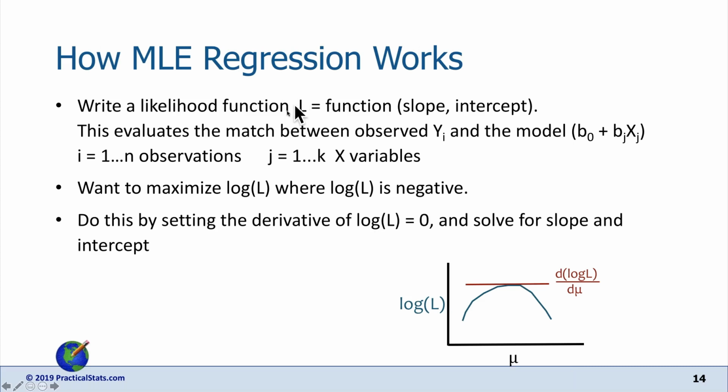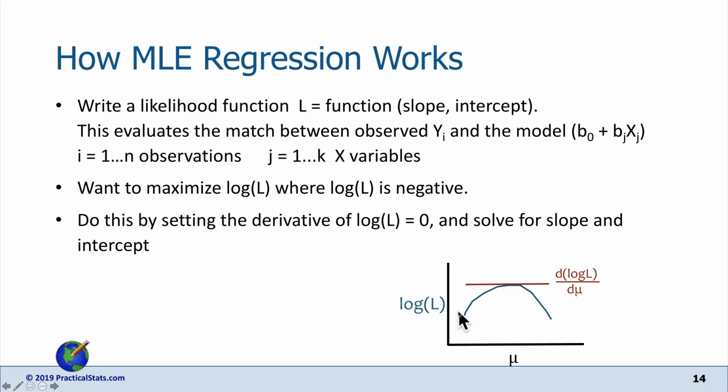It's going to compute this thing called a likelihood function L, which is just a measure really of the mismatch, the error between Y, the observed data, and the model, the B0 plus B1 times X. And so it's going to do that for a variety of intercepts and slopes plugged in and see which ones have the best L. And this L is going to be a negative number.